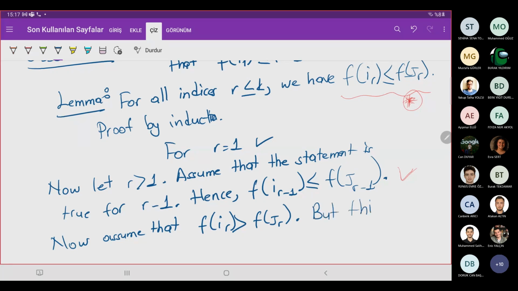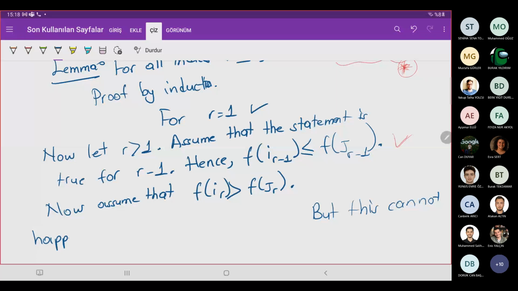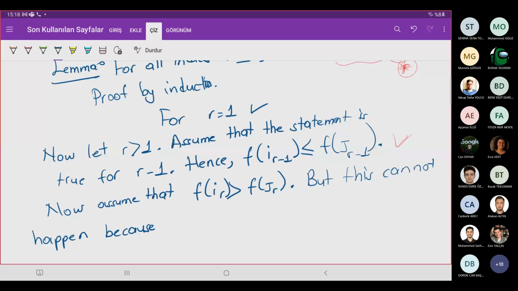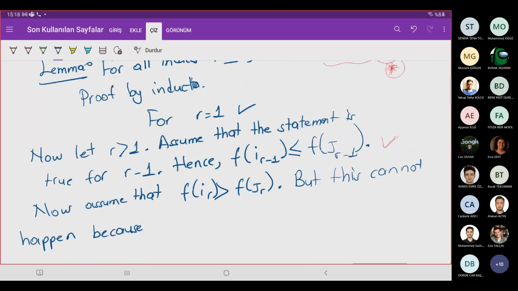Why? How does my algorithm behave? My algorithm always chooses the one with smaller finishing time, right? But when my algorithm selected ir, jr was available.